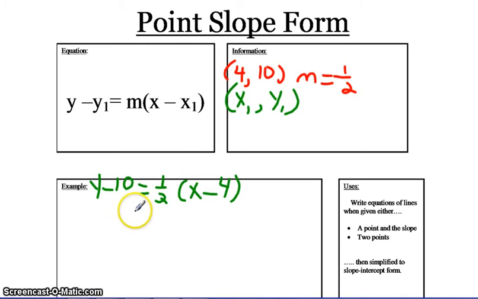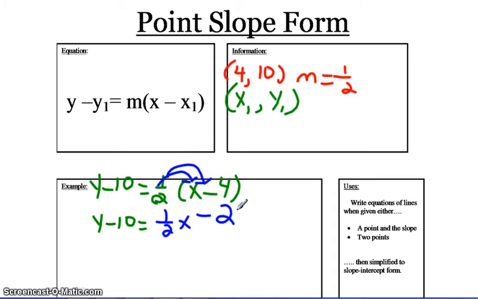But we want to simplify that, and when we simplify, it's going to be slope intercept form. So first thing I want to do is distribute and get rid of the parentheses. So I have y minus 10 equals, I distribute here and I get 1/2 x. I distribute here and I get minus 2.